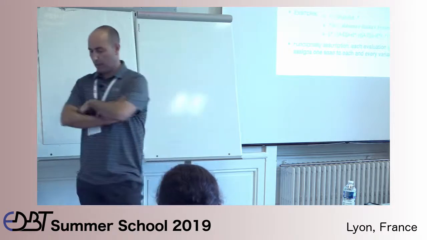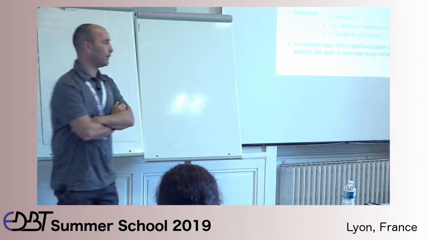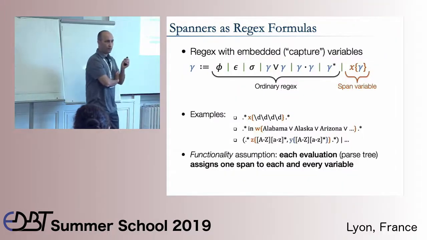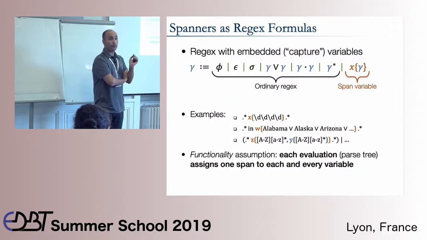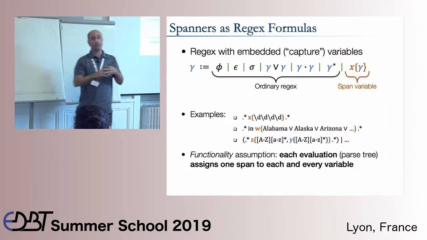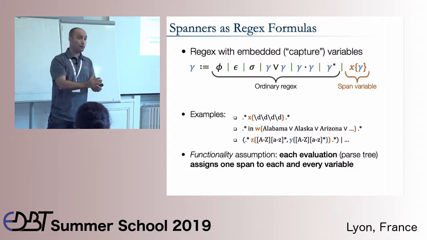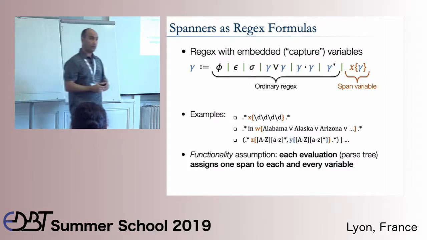Now we do have here a strong assumption. Basically all of the work on spanners is making this assumption that the regex formulas are so-called functional, in the sense that every parse against a string gives you precisely one assignment to every variable.